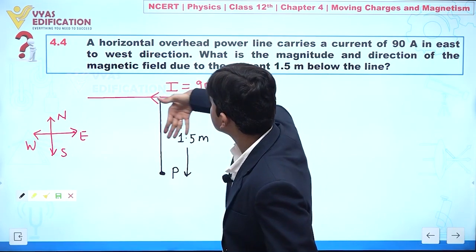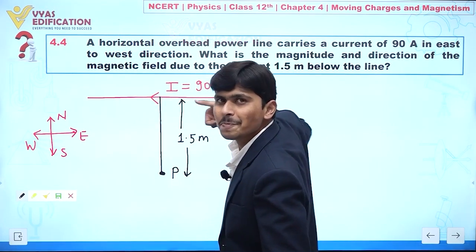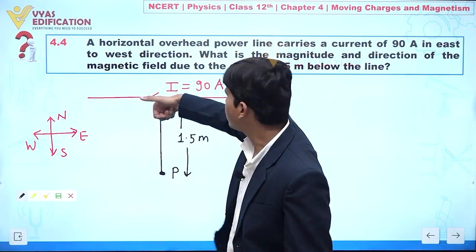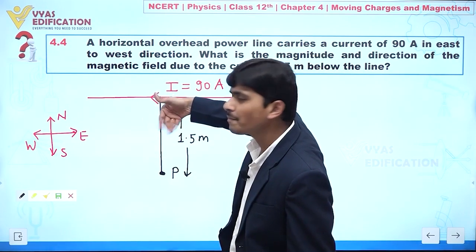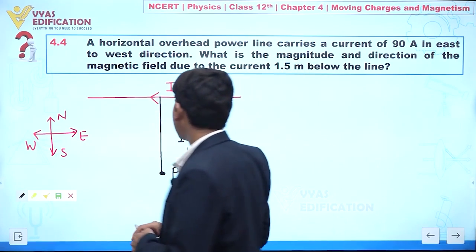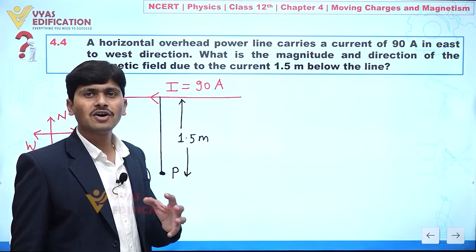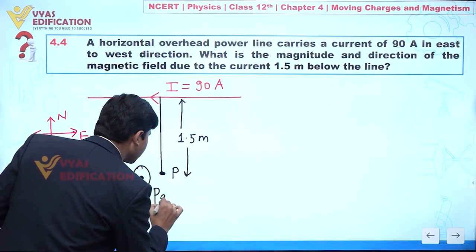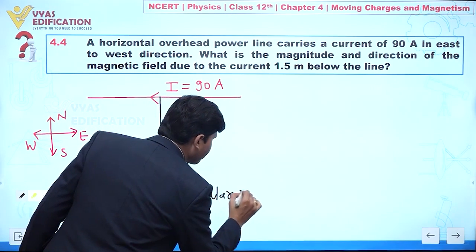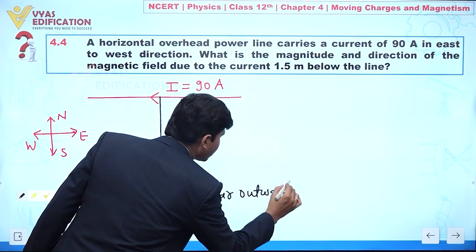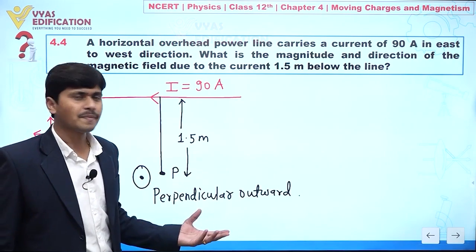So the direction of the magnetic field is perpendicular outward of this screen.